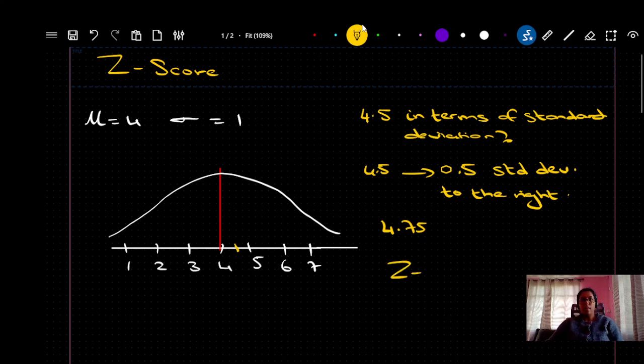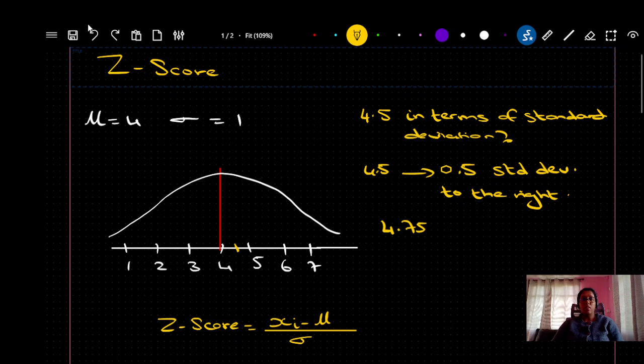Z-score, we have a formula. Let me write it here so that you can see better. So the z-score formula here is x of i minus mu, divided by the standard deviation.